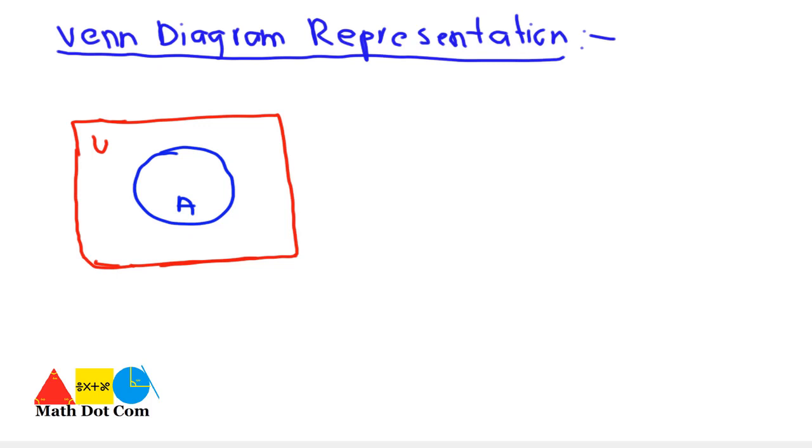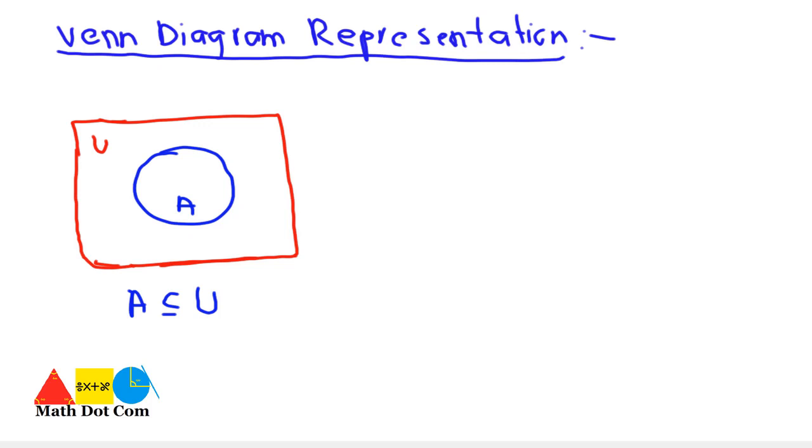Okay, so this is a set A. A is the subset of U.